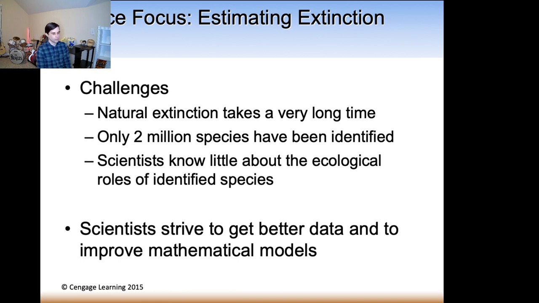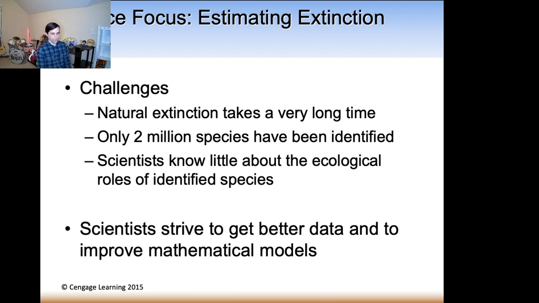We also know that we don't know what all is out there. We've only identified about 2 million species on the planet. It's estimated that there are up to 10 million, if not more, species out there. So if those species that we don't know about go extinct, how is anyone going to know? It's the if a tree falls in the woods and no one's around, does it make a sound argument.